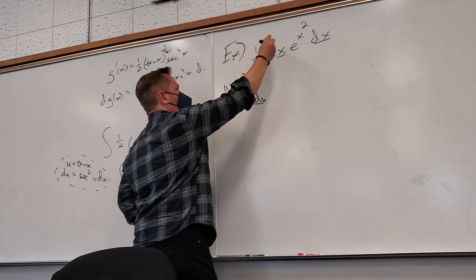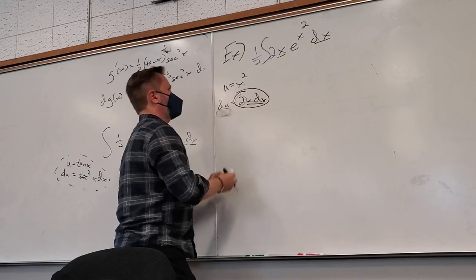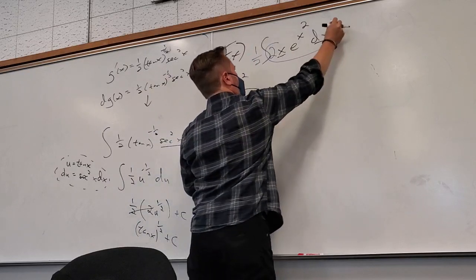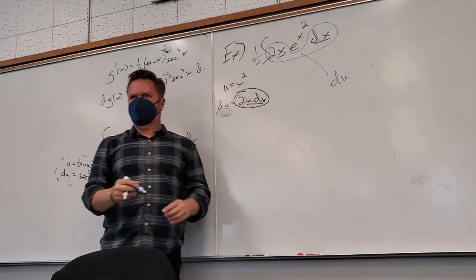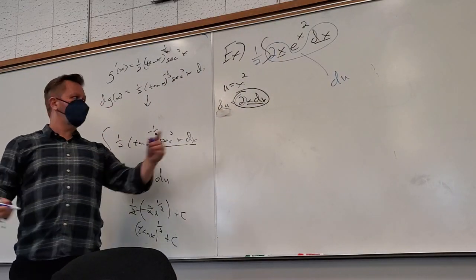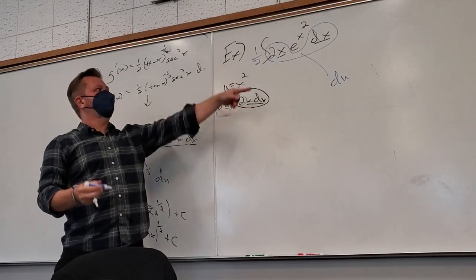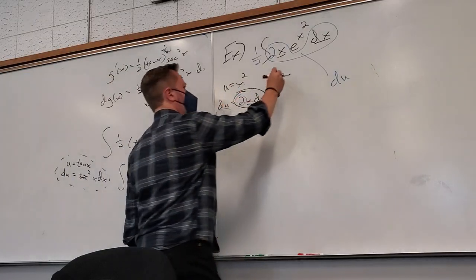But now, I really want this to make sense. That is du, right? That is du. You can see it. So if you call du 2x dx, I can replace all that with du. And what else happens?